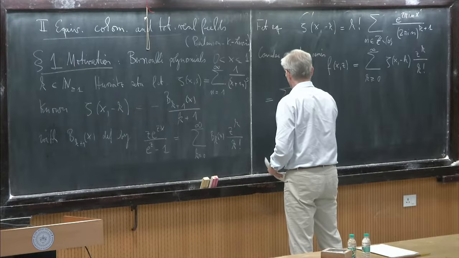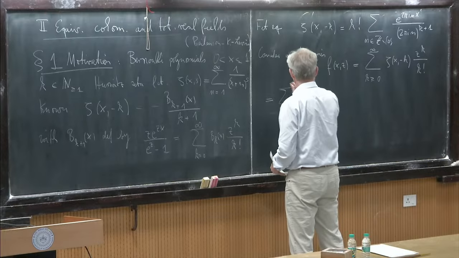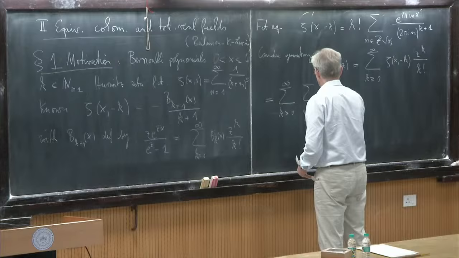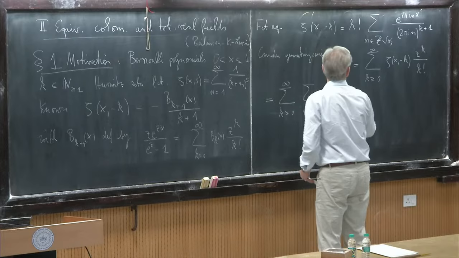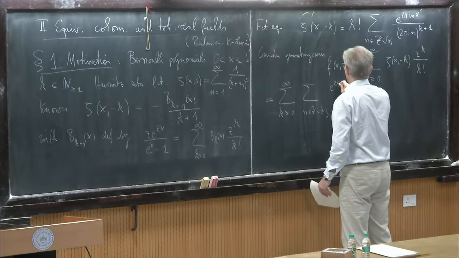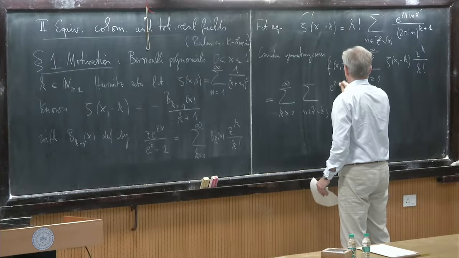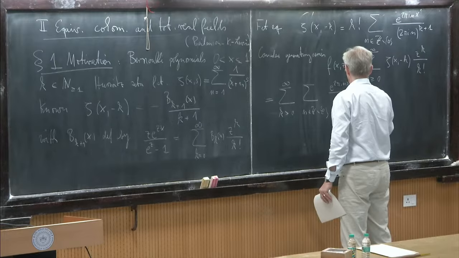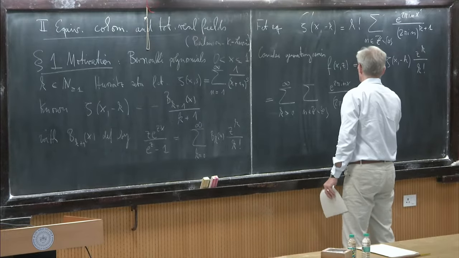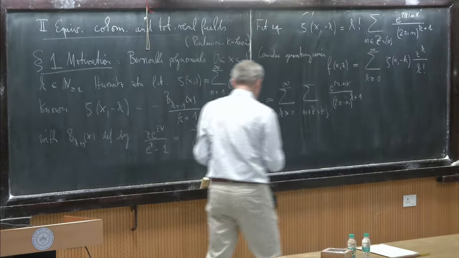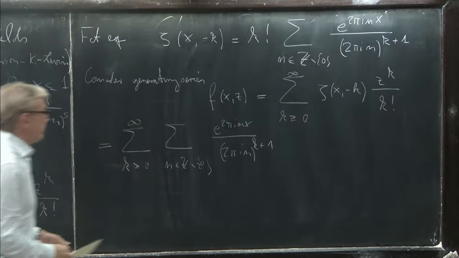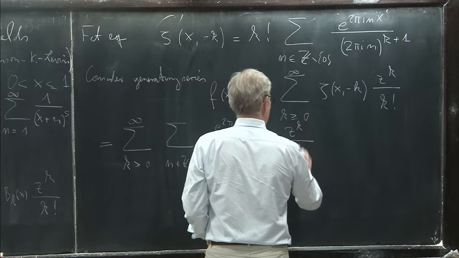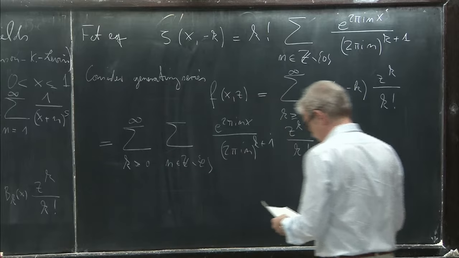So this is the sum over k bigger or equal to 0, and here I put the Fourier series, the sum over n in Z without 0, e to the 2 pi i n x divided by 2 pi i n to the power k plus 1. There's some z missing here: z to the k divided by k factorial.